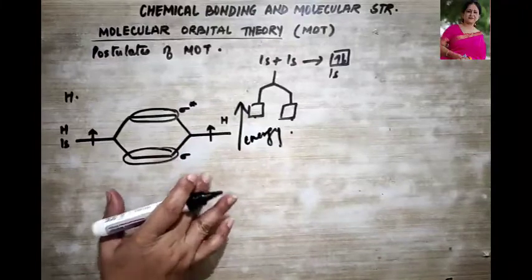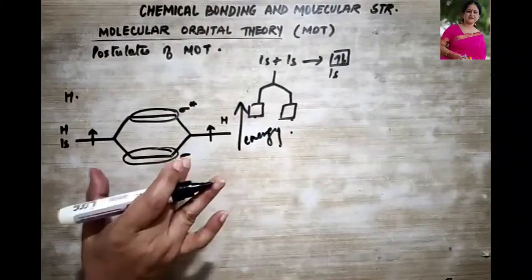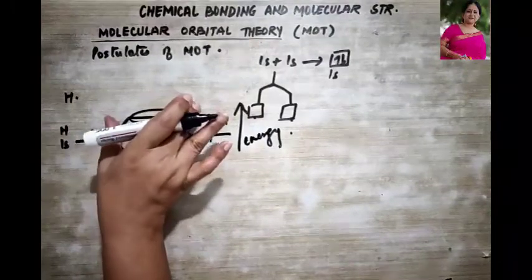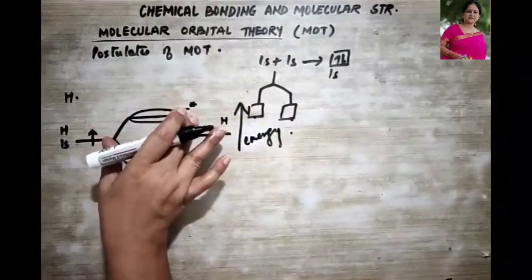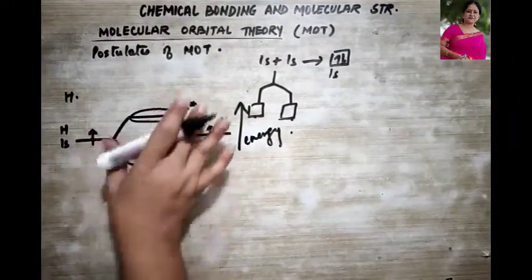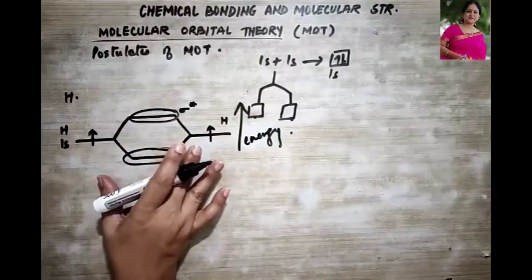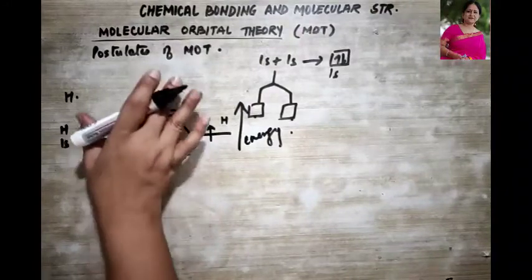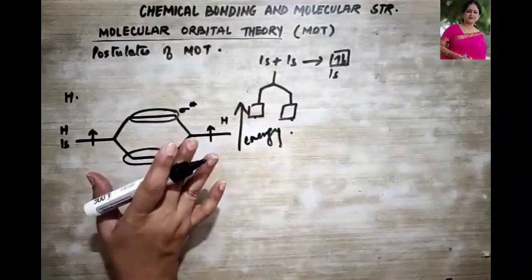So what did I say? The bonding molecular orbitals are stable because they have less energy. Anti-bonding molecular orbitals are unstable because they have more energy in them, right? But overall, remember that the energy level will remain the same. They are arranged according to increasing energy levels, but the energy level ultimately will become the same.